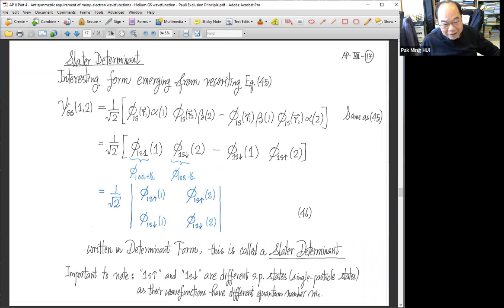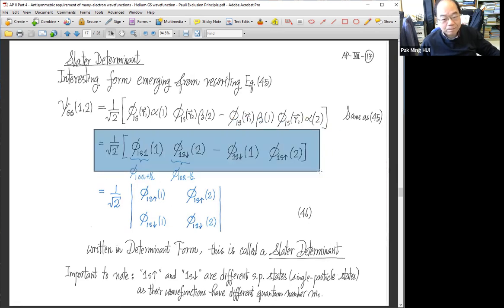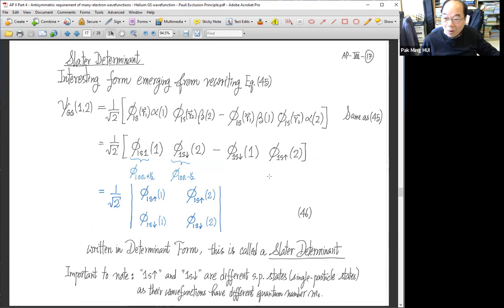All right, so now if you want the full label, this is n equals 1, L equals 0, ML equals 0. There's an S equals half omitted, and then up means MS is plus half. So when I see 1s beta, I call it 1s down, and similarly 1s down here and 1s up here. So this can be written in this form. I'm just rewriting the equation. But all of a sudden, we realize that this can be written as a determinant.